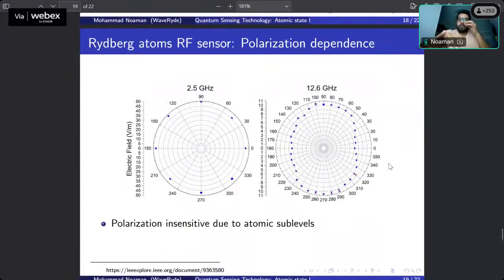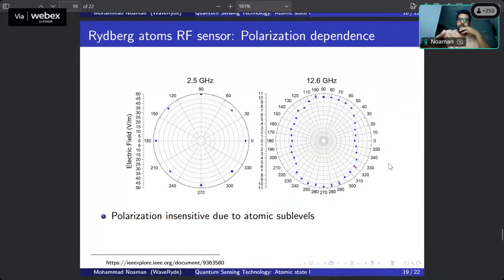Okay, the other part of characterization of such radio frequency sensors is that the usual sensors based on antennas are very polarization sensitive, meaning if the polarization is flipped around, you won't be able to detect. You have to use a multiple antenna system.